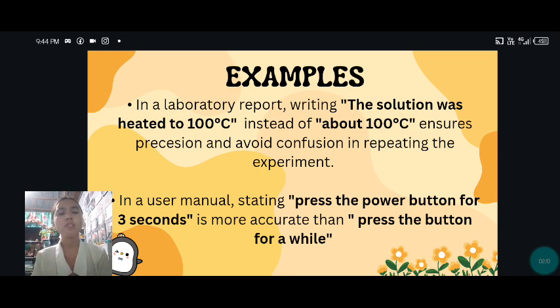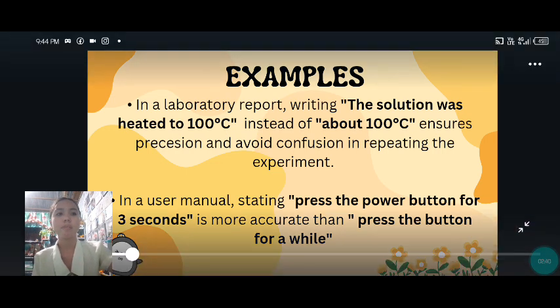That instead of using the phrase about 100 degrees Celsius, let us just use the phrase the solution was heated to 100 degrees Celsius because it is more specific and it's not confusing at all compared to the phrase about 100 degrees Celsius, because the phrase about 100 degrees Celsius is too broad and it can lead to an unsuccessful product, right?